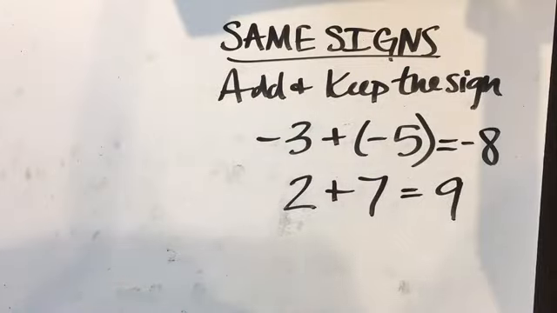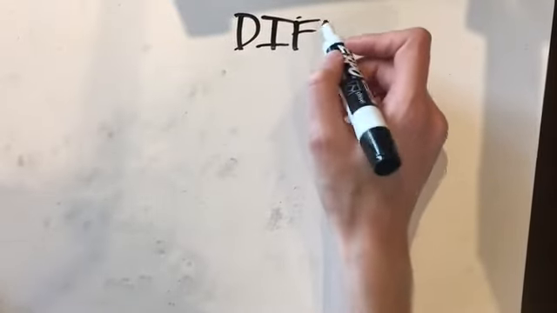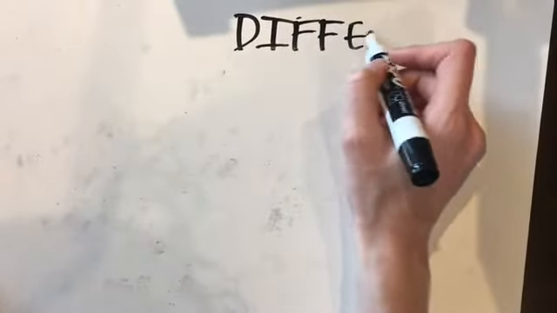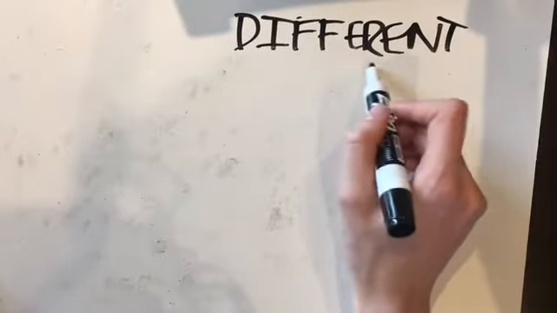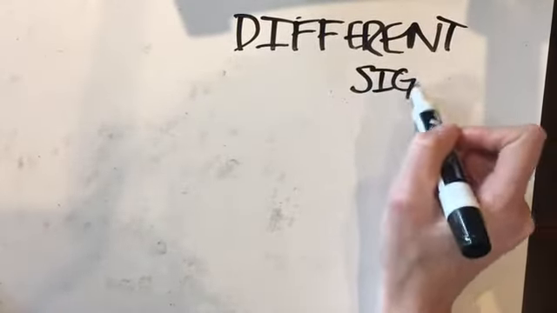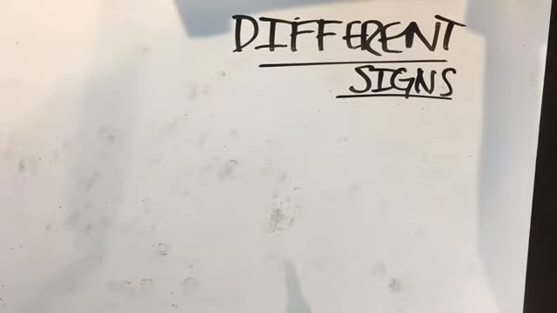All right, what if the signs are different? Let's come up with a rule for them. And if you need to rewind and pause that to get those notes, do that. Different signs. So that means a positive plus a negative, or a negative plus a positive. Okay, different signs.